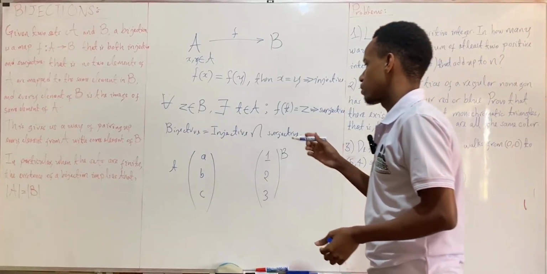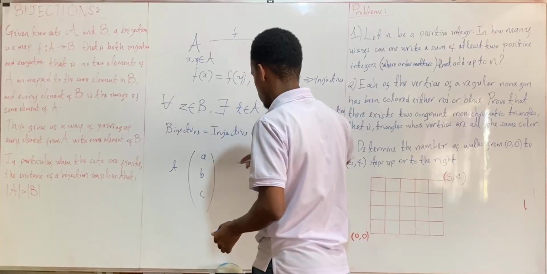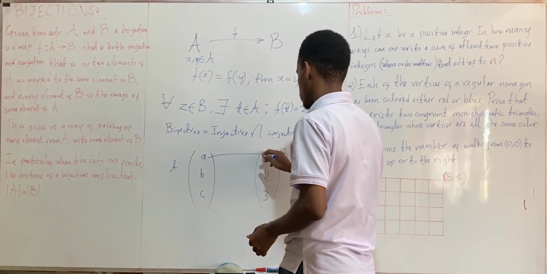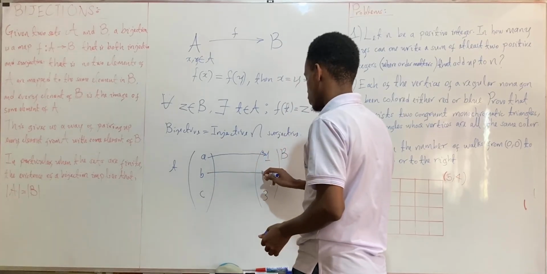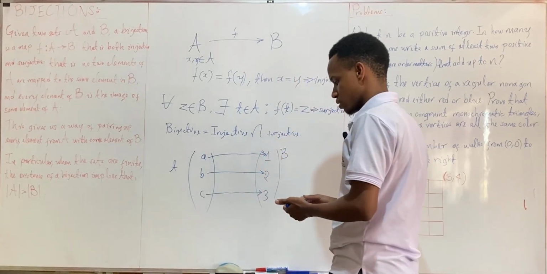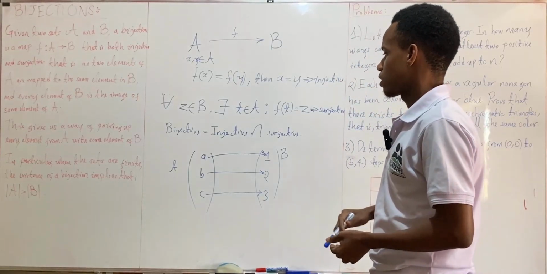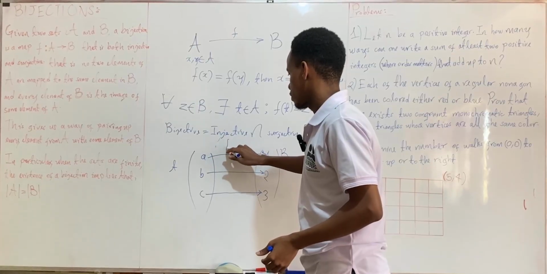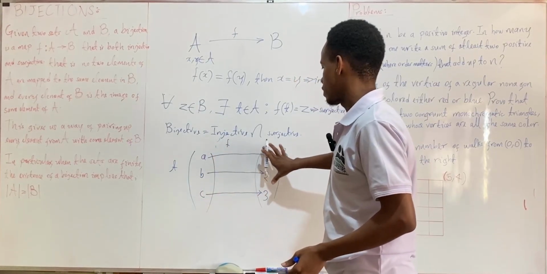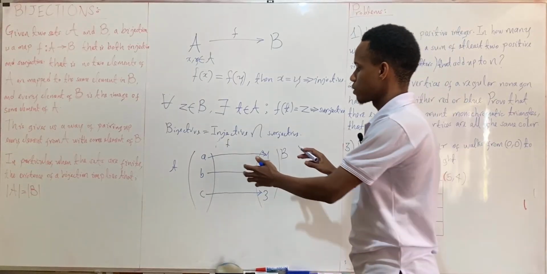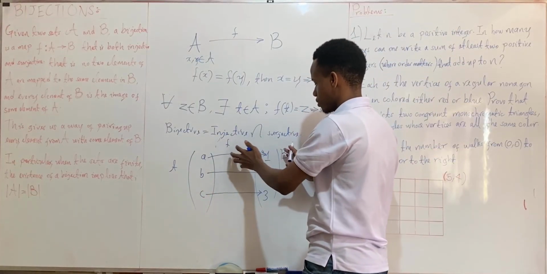If I define a function from A to B in such a way that I map A into 1, B into 2, and C into 3, then we see that the function that does this mapping is a bijective function because it pairs up the elements of A with the elements of B.